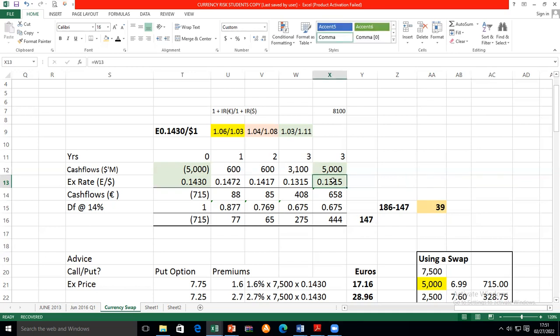But because this amount, we use the swap, we're getting 186. I hope all of us have seen that point. Okay, if that is all right.